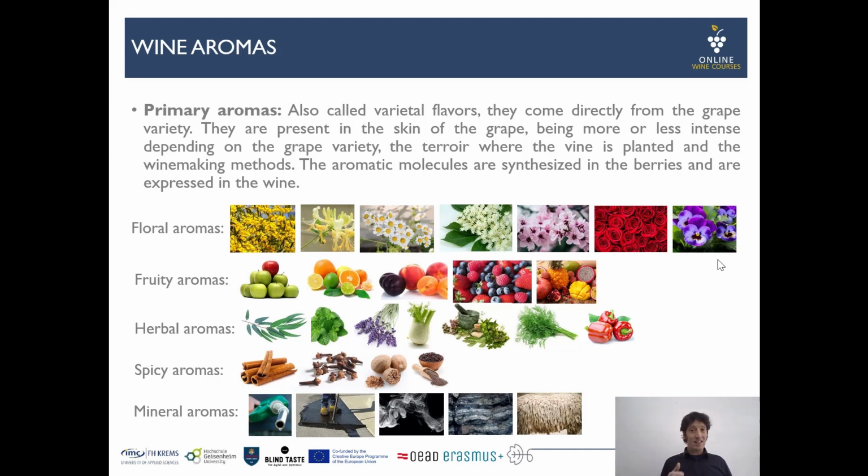The winemaker has quite an important fingerprint here, because he is then also deciding how much of that potential aroma is extracted. So the aromatic molecules are synthesized in the berries and are then expressed into the wine.